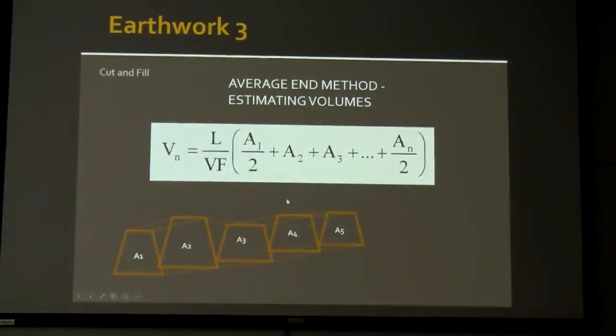Here we have a formula for when we have a lot of different areas, which is most common. We're going to trench something, and typically we're going to have to deal with multiple areas because the existing grade is not going to be nice and smooth as we had assumed in the previous examples. Here we have variant cross-sectional heights and cross-sectional areas. So A1 is not equal to A2, is not equal to A3, is not equal to A4, is not equal to A5.